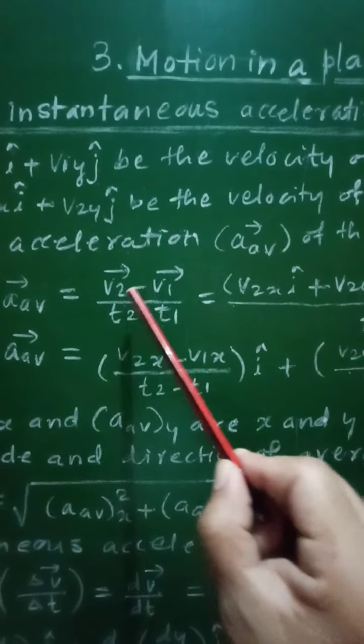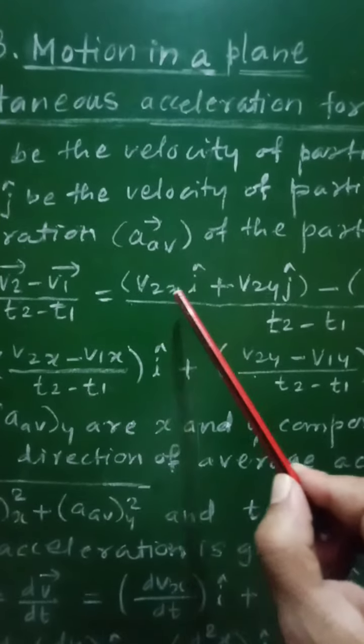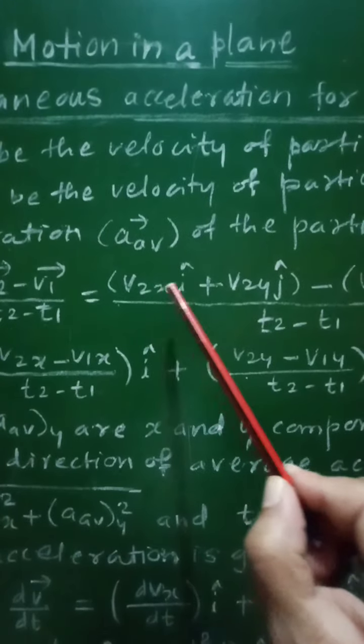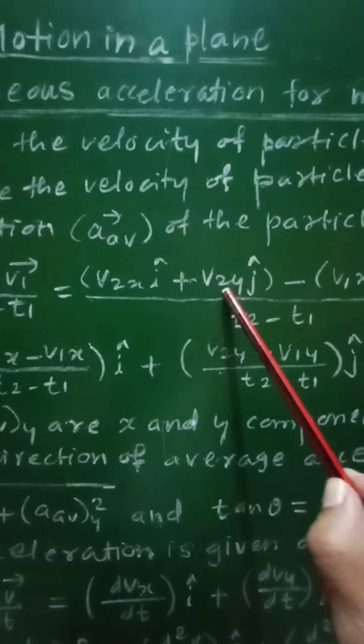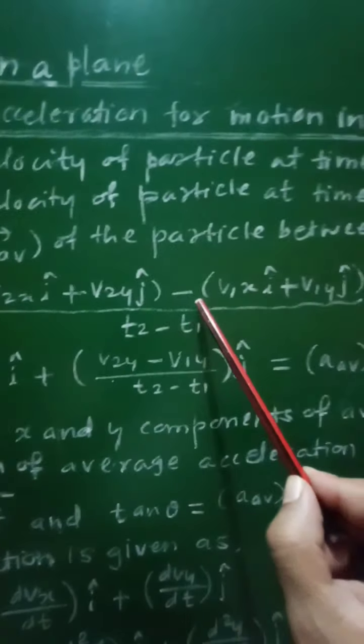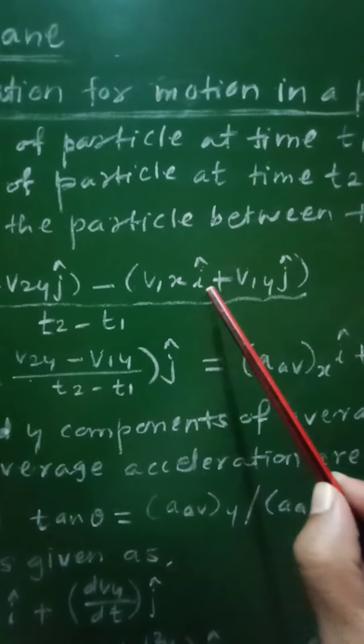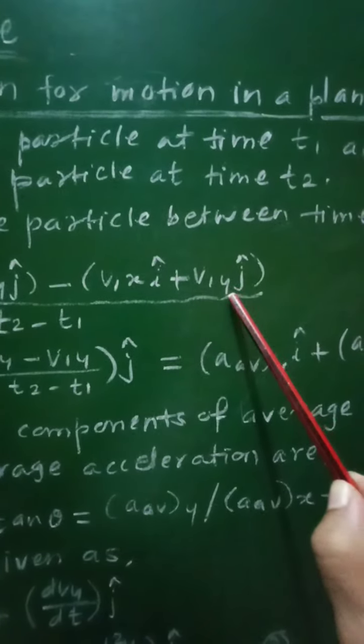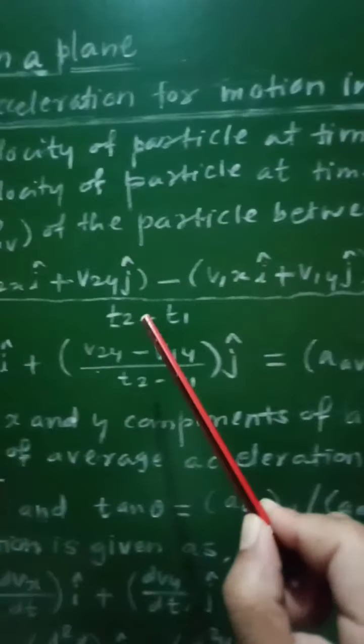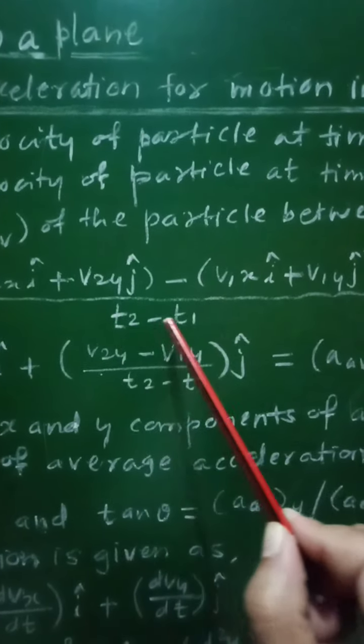So putting the values of v2 and v1 here, we can write (v2x i cap plus v2y j cap) minus (v1x i cap plus v1y j cap), divided by the time interval t2 minus t1.